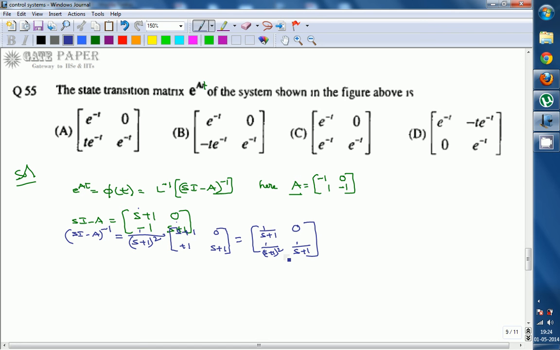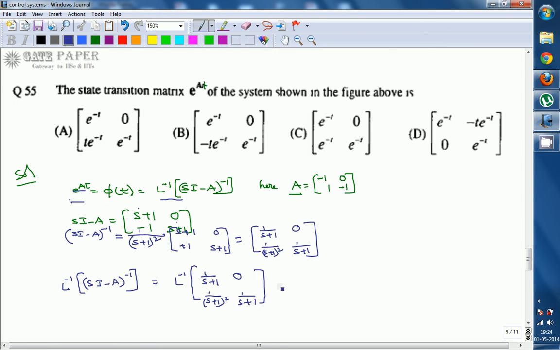In order to find this inverse Laplace transform, we need to find e power A t, which is nothing but the inverse Laplace transform of (sI minus A) whole inverse. So that is the inverse Laplace transform of 1 by (s plus 1), 0, 1 by (s plus 1) whole square, and 1 by (s plus 1).